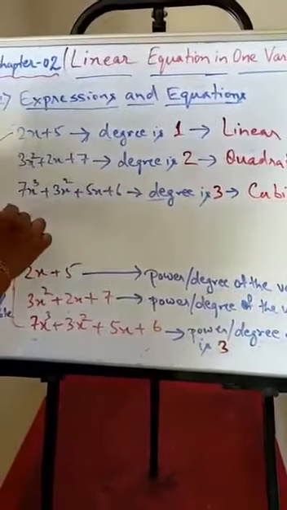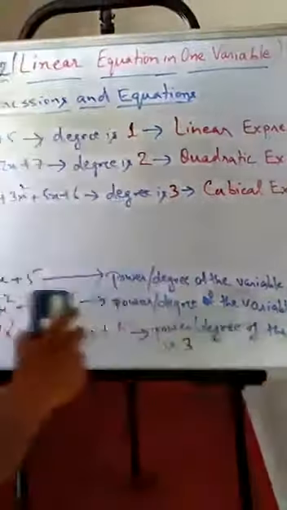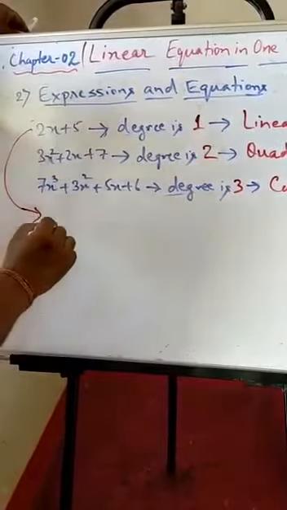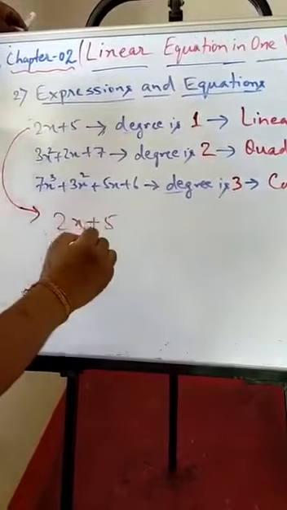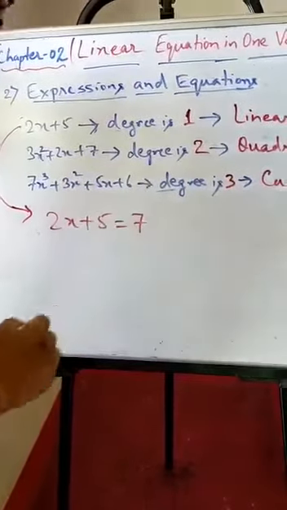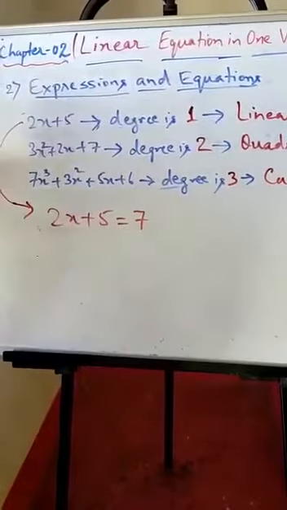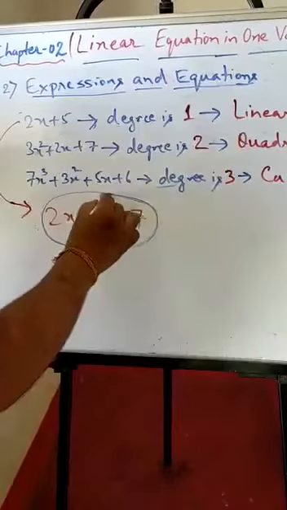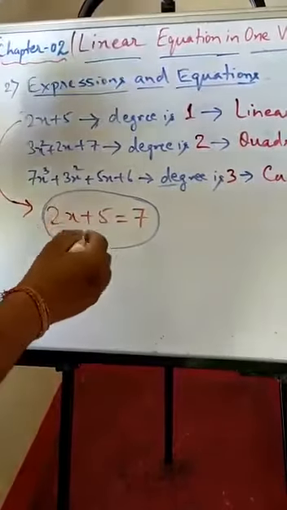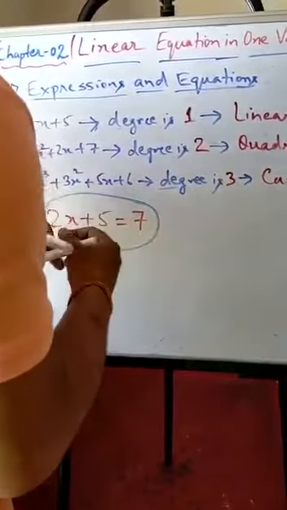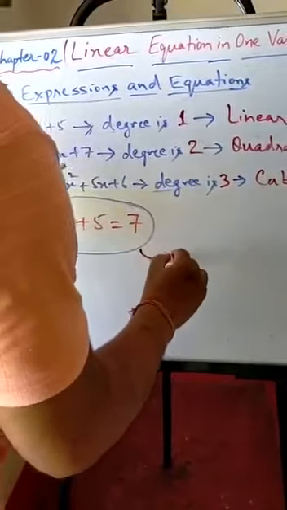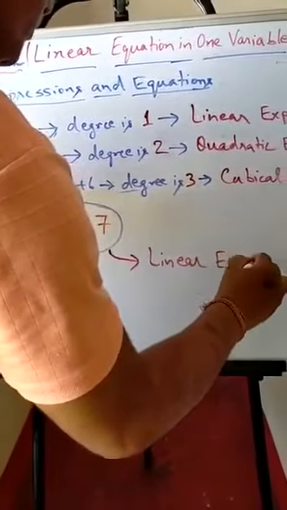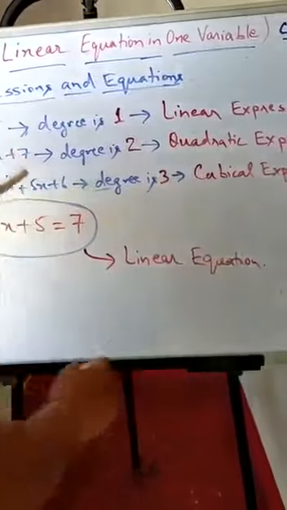Now, if I write the same thing over here, like 2x plus 5 is equal to 7, this whole thing we call a linear equation.